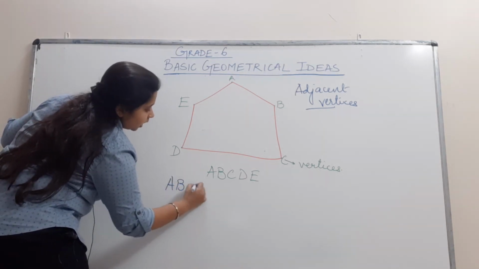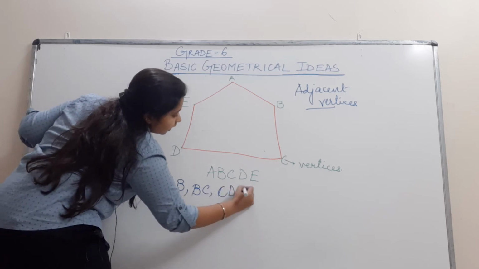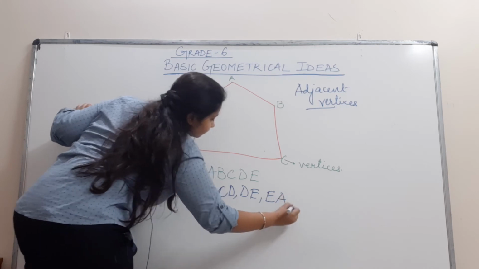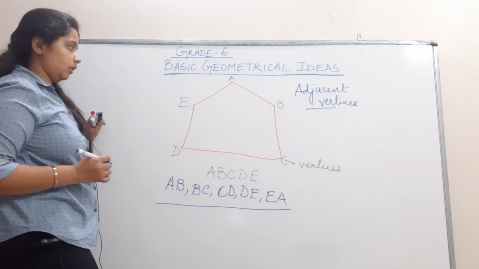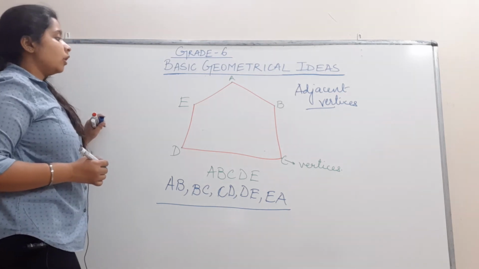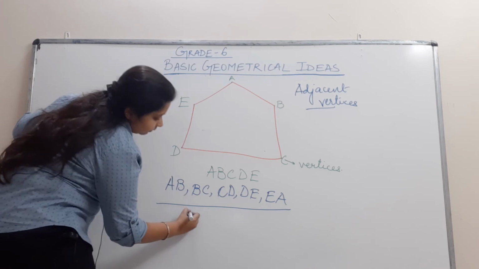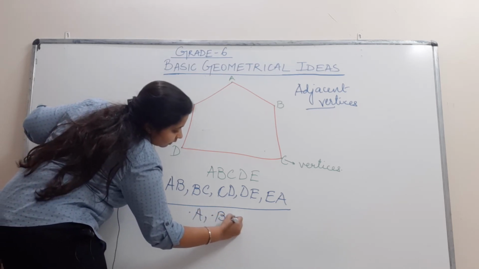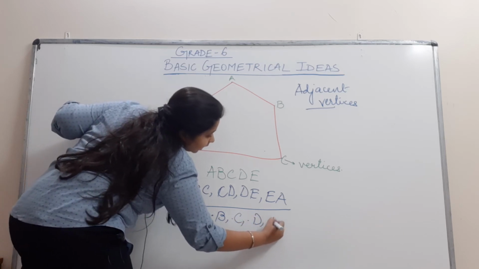AB, BC, CD, DE and EA. So, all these are the sides of this polygon. Also, the vertices are A, B, C, D, E.